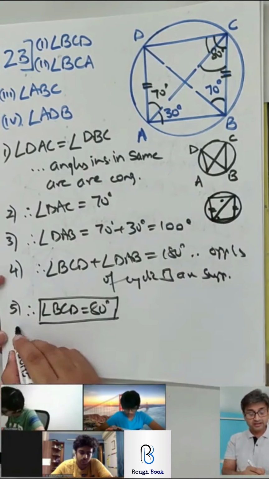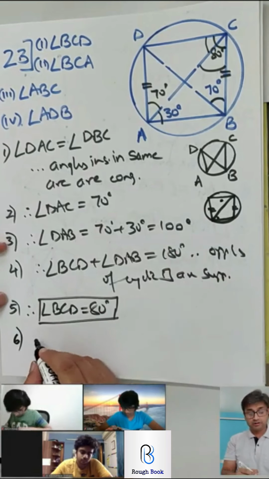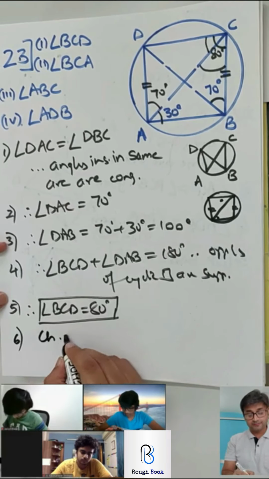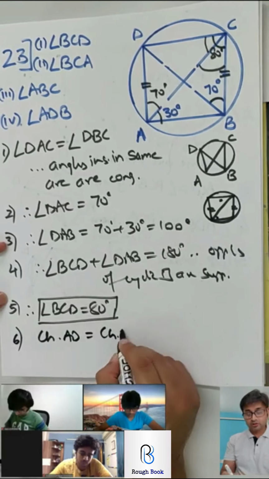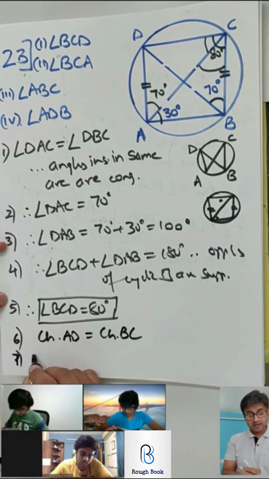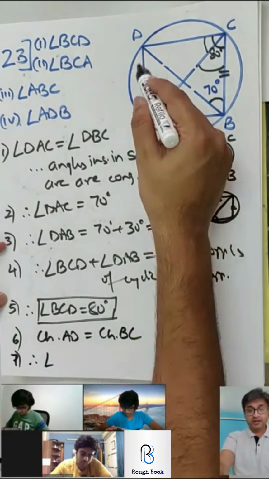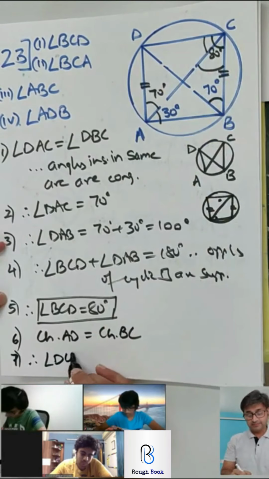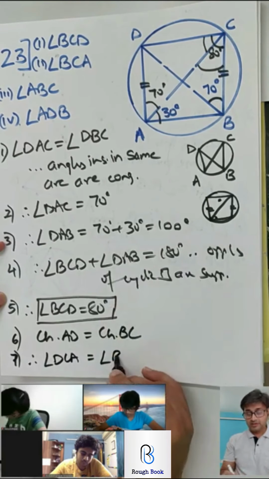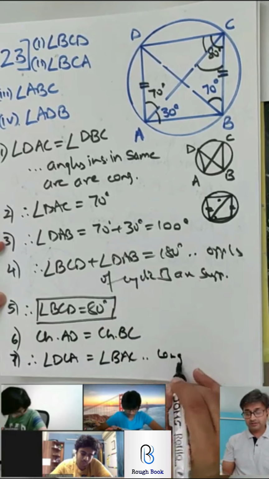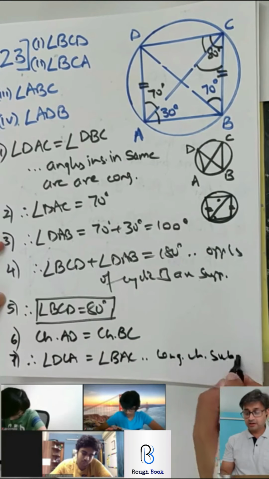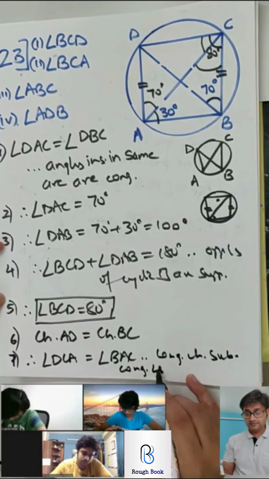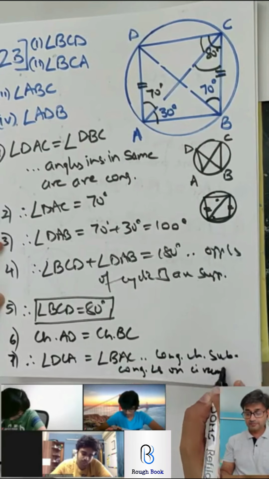Come on, let's write this, get the second part, and then we'll move on to the third one. So first I will say chord AD equals chord BC, and therefore angle DCA is equal to angle BAC. Congruent chords subtend congruent angles on circumference.